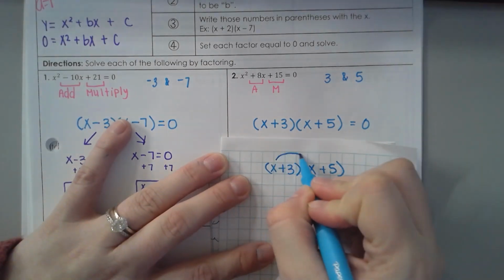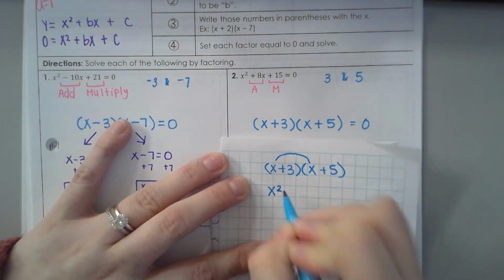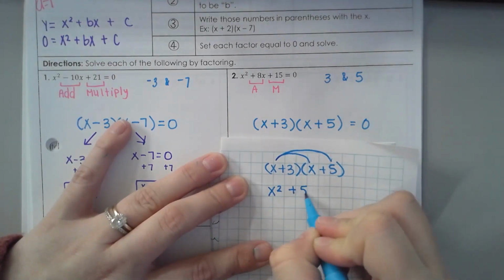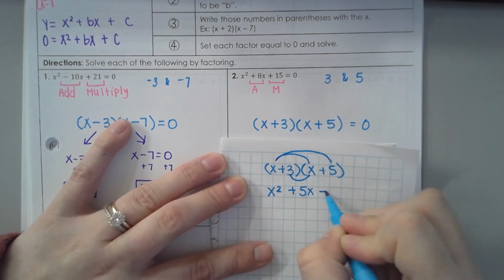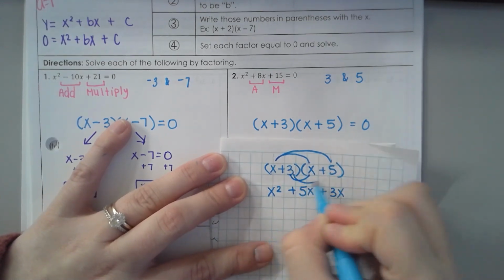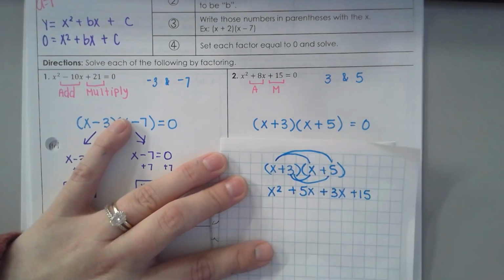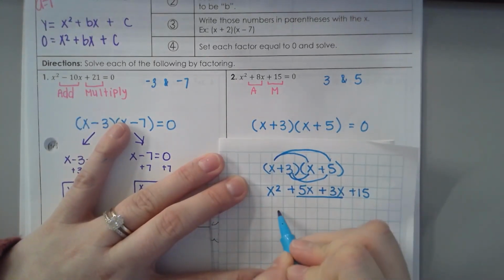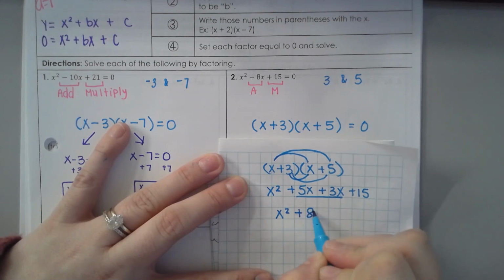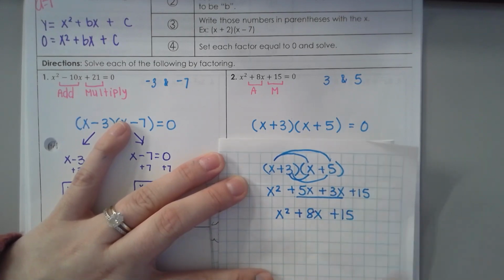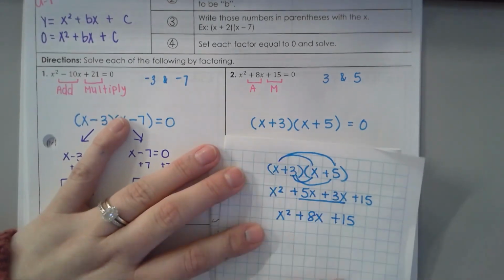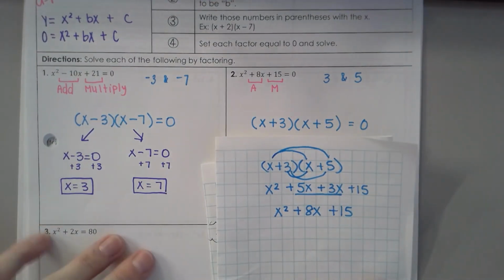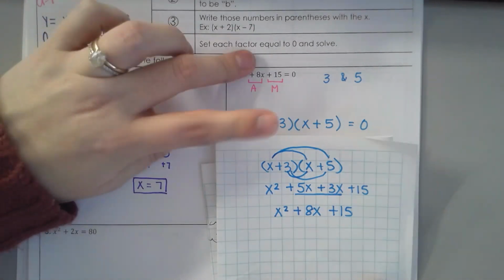Essentially, I'm doing x times x is x squared, x times 5 is 5x, 3 times x is 3x, and 3 times 5 is 15, and that makes 8x there. So really, when I factor, I am undoing, or I'm doing the opposite of FOIL. Okay, so that's why we can write it both ways.